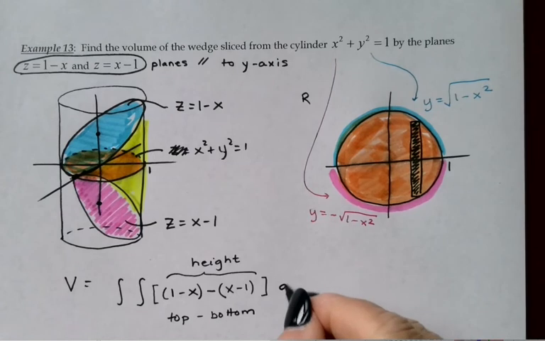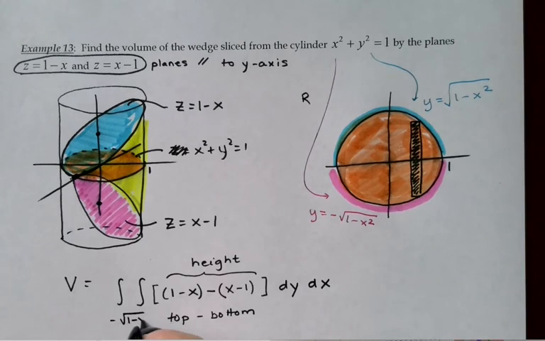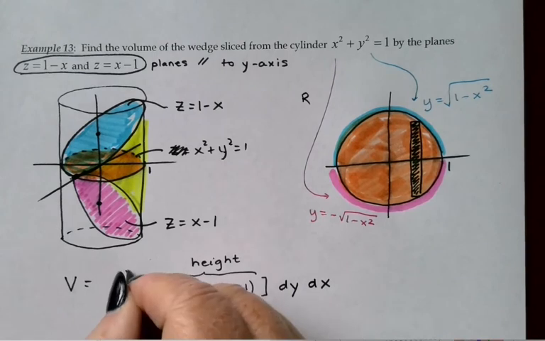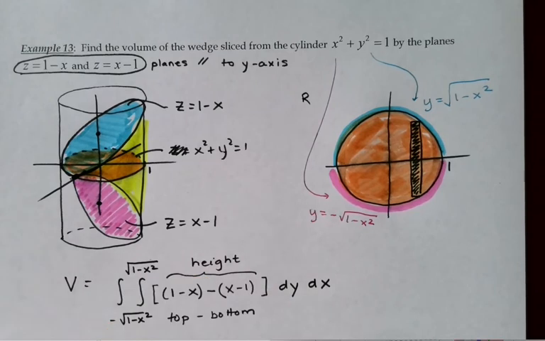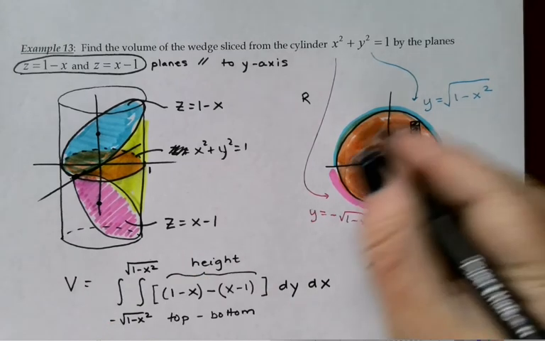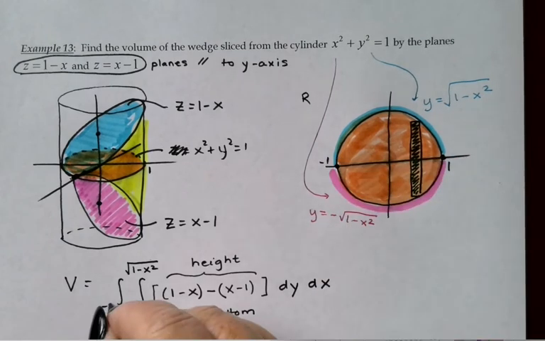So if I do dy then dx, y goes from the negative square root of 1 minus x squared to the positive square root of 1 minus x squared. And since my circle has radius 1, the x's will just go from negative 1 to positive 1.